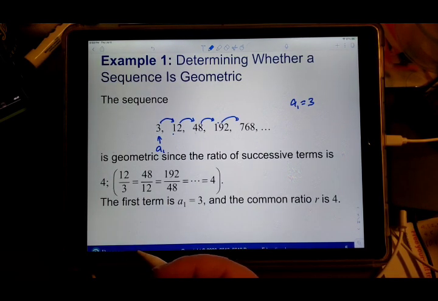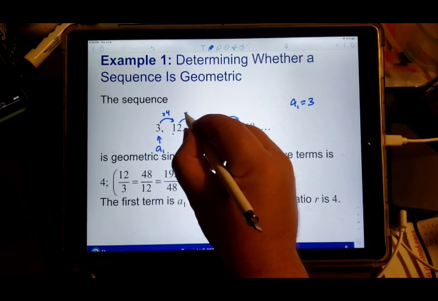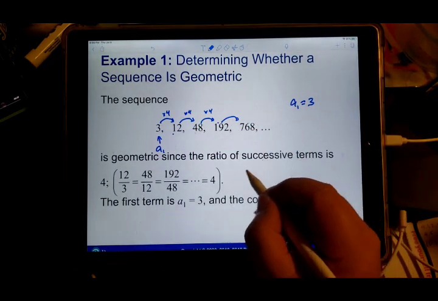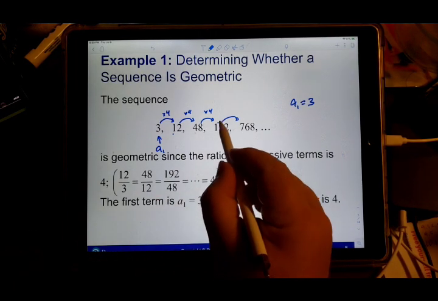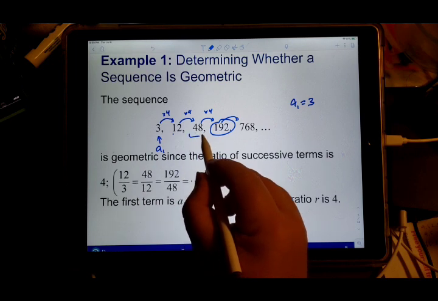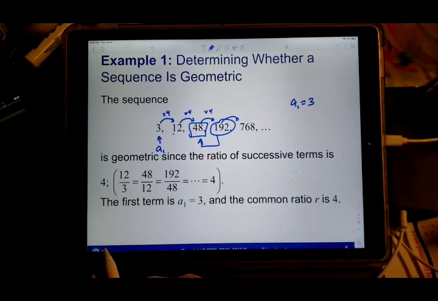And I think that's probably a superior way of thinking of the common ratio. You just say, oh, look, I'm multiplying by 4, and I'm multiplying by 4. I multiply by 4 to get the next term. I like doing that more than the formal one, which is to pick a term and divide by the previous term. I don't know, it just feels like I'm looking backwards when I do that.